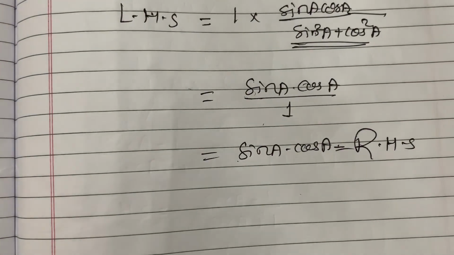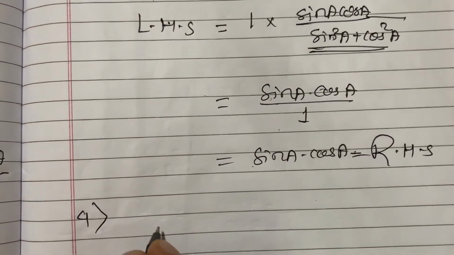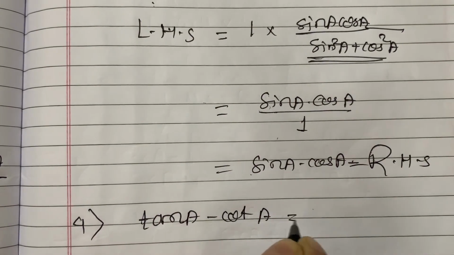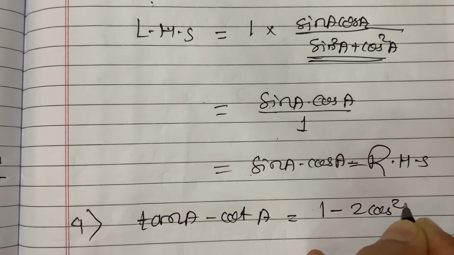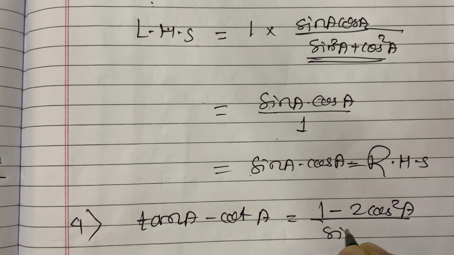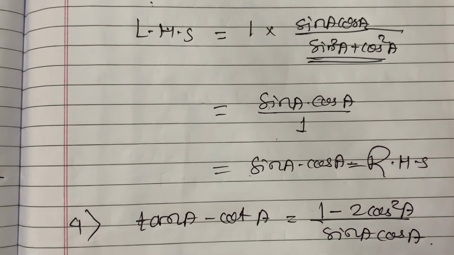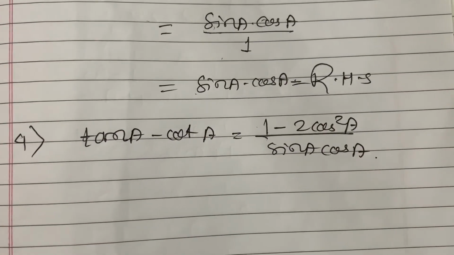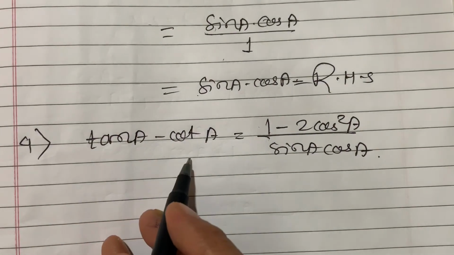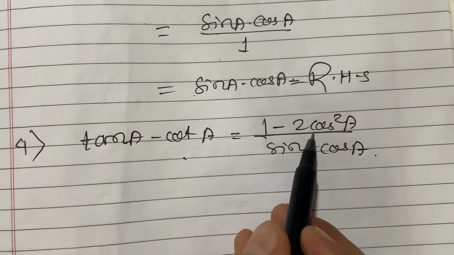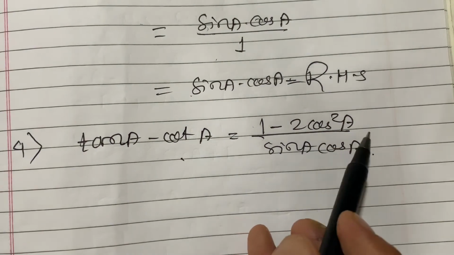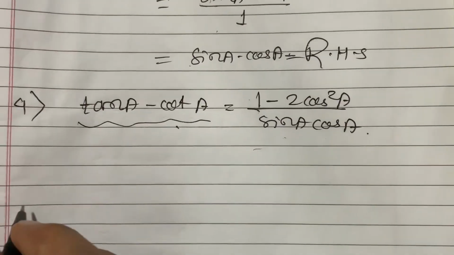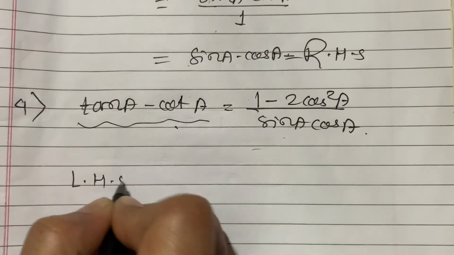Now the next example we'll consider: tan A minus cot A is equal to 1 minus 2 cos square A upon sin A into cos A. So again I will start from the LHS.